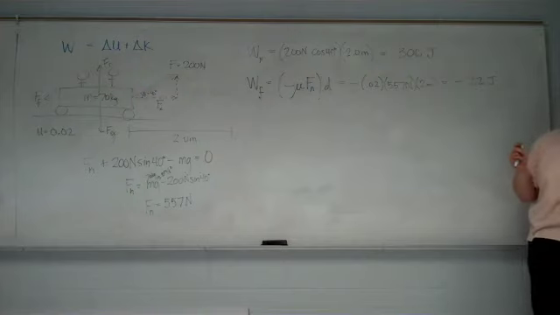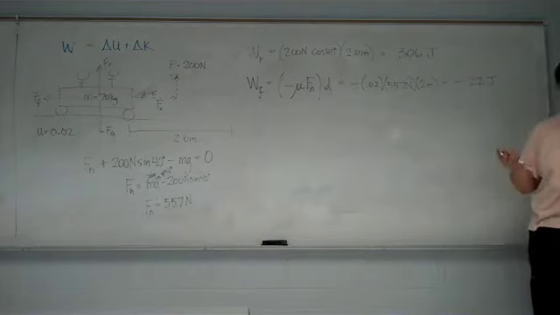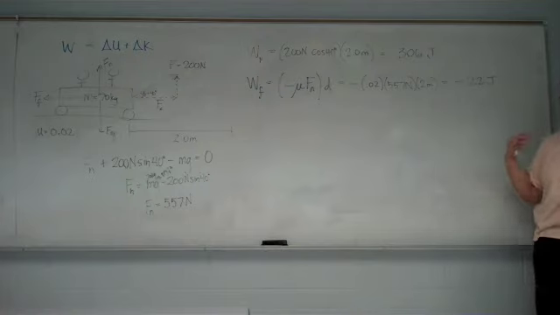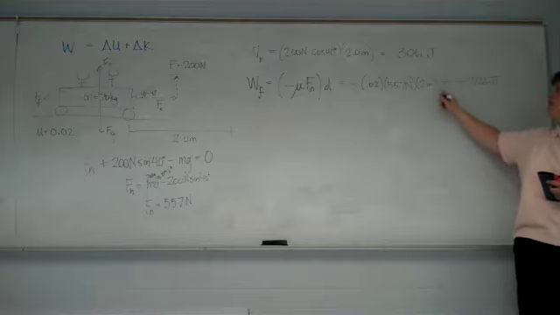It has to do with energy transfer. What does it mean to have positive work? You're putting energy into the system. Exactly right. You're giving it potential and kinetic energy. Negative work means you're taking energy out of the system. You're taking away some of its potential and or kinetic energy.